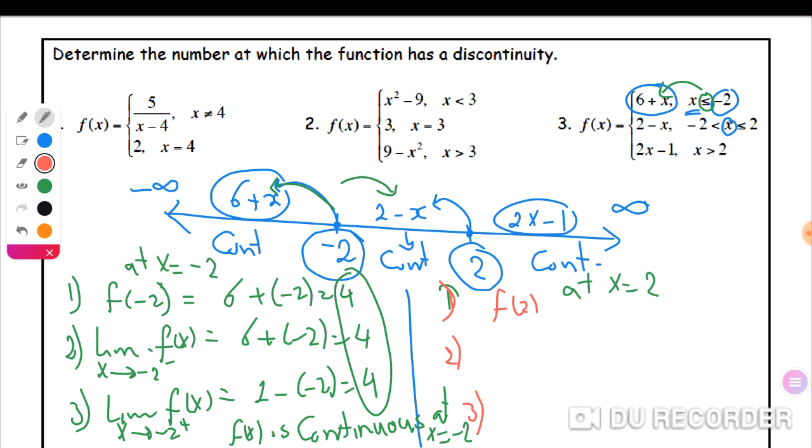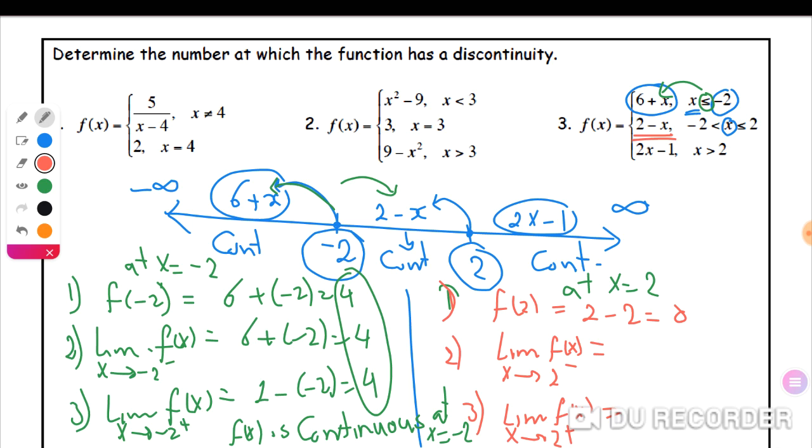Replace in the rule in which we have equal, so it will be 2 minus 2, it will be 0. Limit f of x when x approaches 2 from left. Limit f of x when x approaches 2 from right.